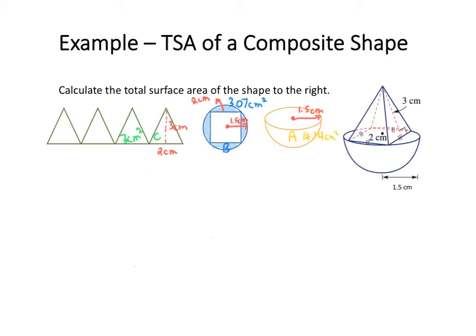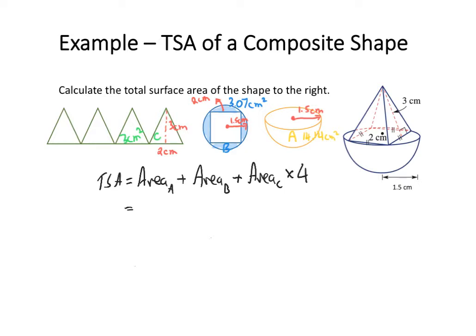To calculate the total surface area, I need to go through and add all of my individual shapes together. So that's going to be the area of A plus the area of B plus the area of C. Now with the triangles, I have a total of 4 triangles that I need to include, so I'm going to times the area C by 4.